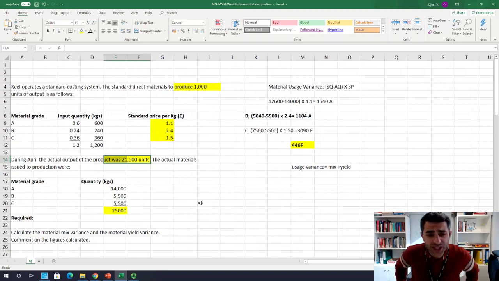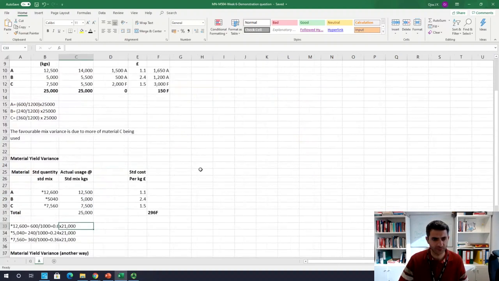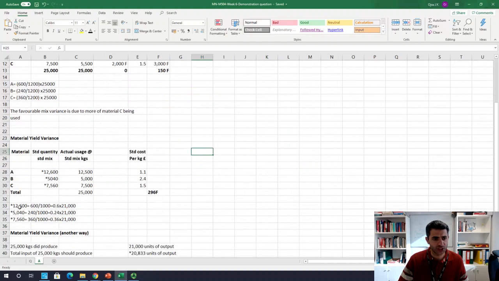So from the yield perspective, we are focusing more on the output, the units, and not the kilogram. If you do it as we did in material mix, you can see that for standard quantity and standard mix: 12,600, 540, and 7,560.